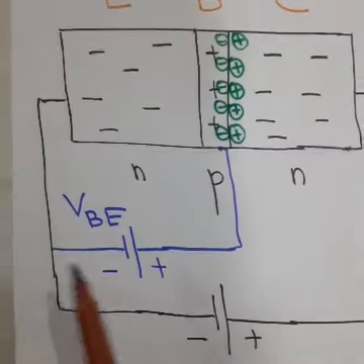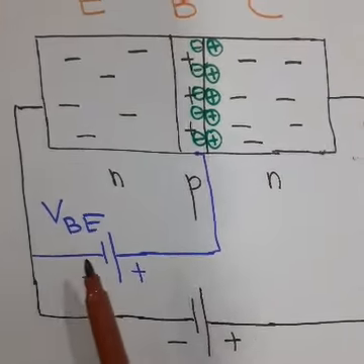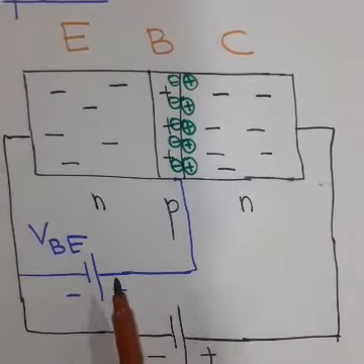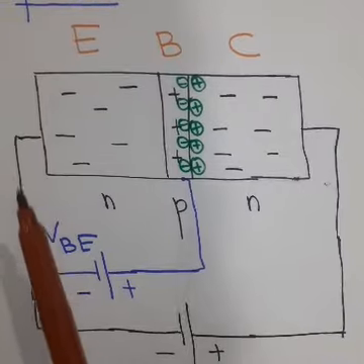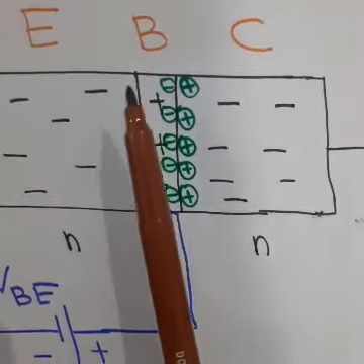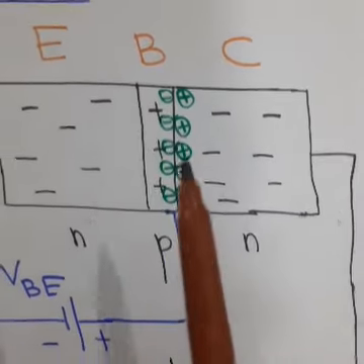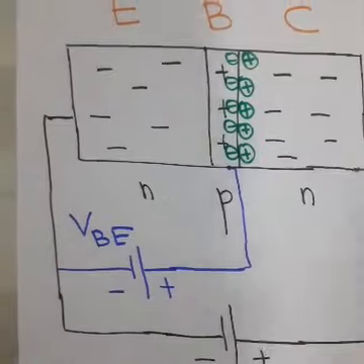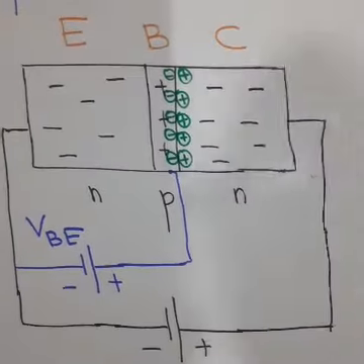If we apply voltage VBE between the base and the emitter, such that the positive is connected to the base and the negative is connected to the emitter, this PN junction, the base emitter junction, becomes forward biased, because we have applied positive voltage to the P side and negative voltage to the N side.